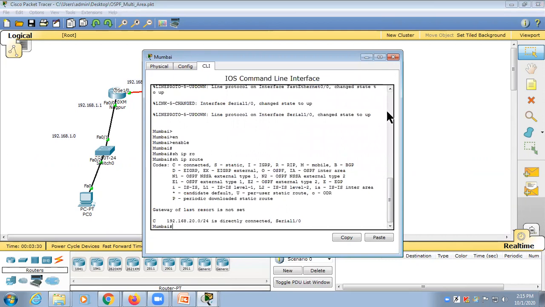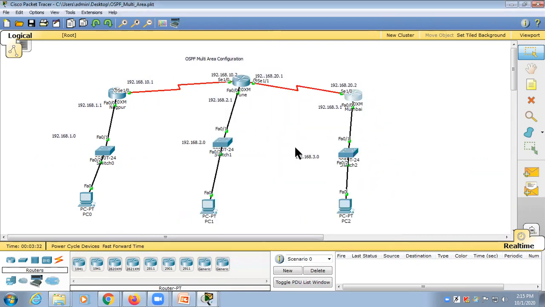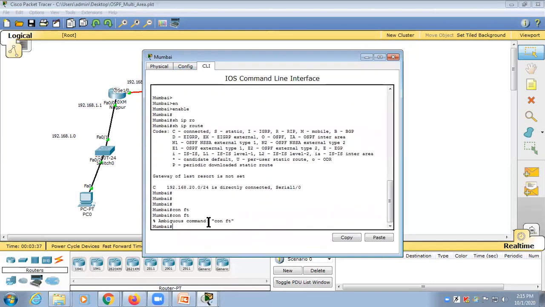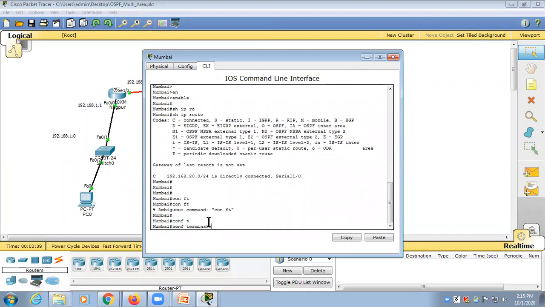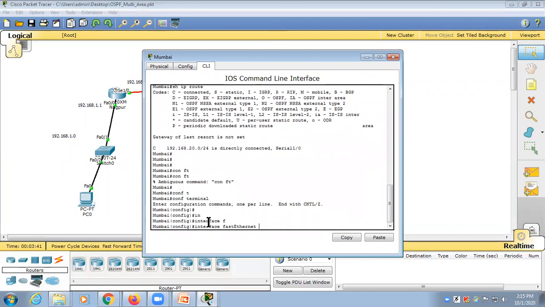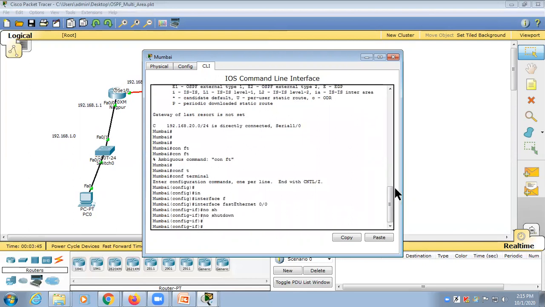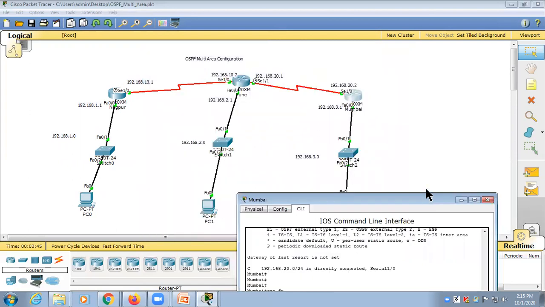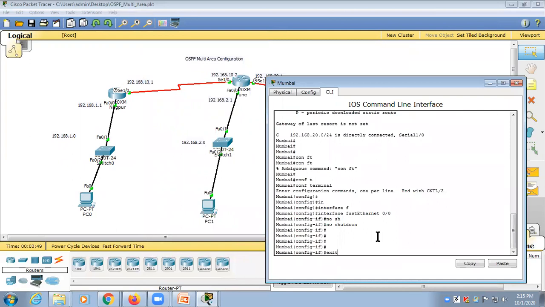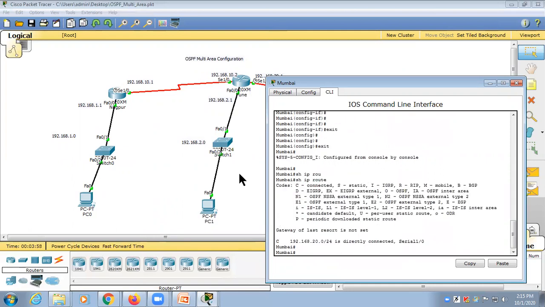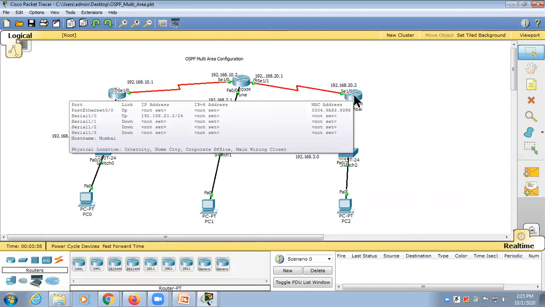Here we have to set this. I think the third network has not been set. So go to configuration mode, configure terminal, go to interface 0/0, and type the no shutdown command. I think it is going to be up now. Check whether it has been reached or not. Show ip route. Still it is showing only one. Let me check what happened.